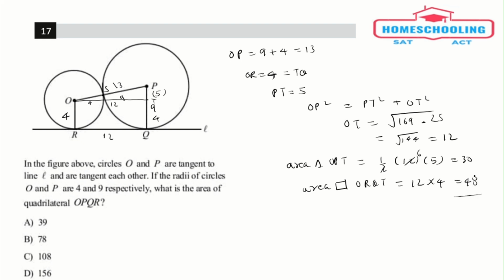So if we add both the areas, 30 and 48, we get 78. So the area of quadrilateral OPQR is 78. This is your answer.